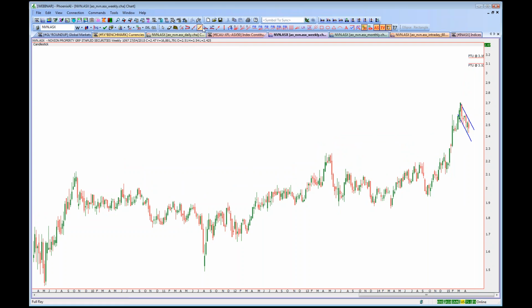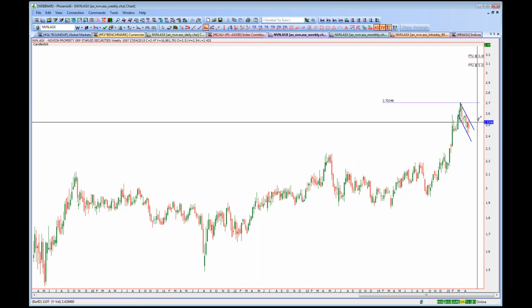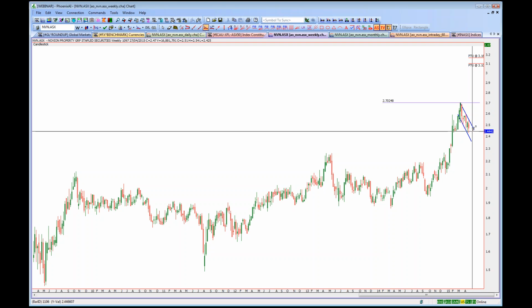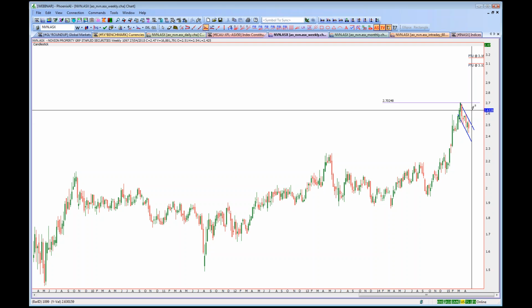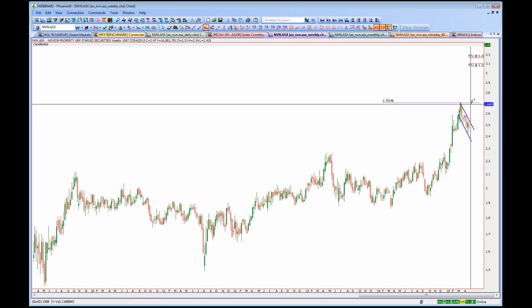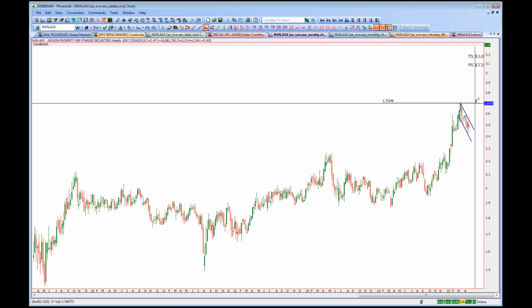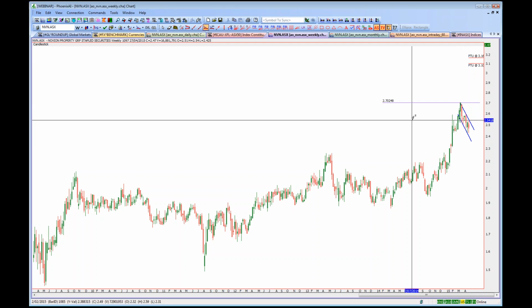Now, if it were to fail, it will fail in this area here. So in other words, if this breaks to the upside and I can get in here, I would trade it towards here and I'd watch it very carefully. If I see it trying to fail there, I'd get the hell out of it. If it then reverses and goes back up and breaks above, then I'll re-jump in. Okay, so that's how you would handle it.